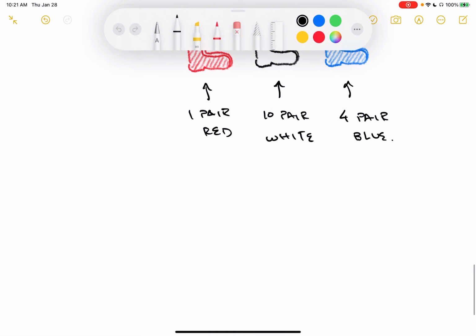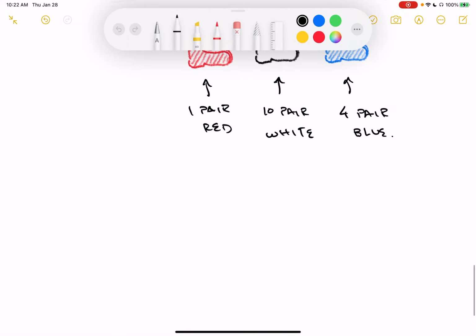So you get up early in the morning and you need to put on a pair of socks. You don't want to bother everybody else in the room, so I don't turn on the light. I just open the drawer and pull out 2 socks at random, put them on my feet, and go to work. The question might be something like the following. What's the probability that if I grab 2 socks at random in a darkened room out of that drawer, where I've got 1 pair of red socks, 10 pair of white socks, and 4 pair of blue socks that weren't matched together, I'll end up at work with a matching pair of socks?